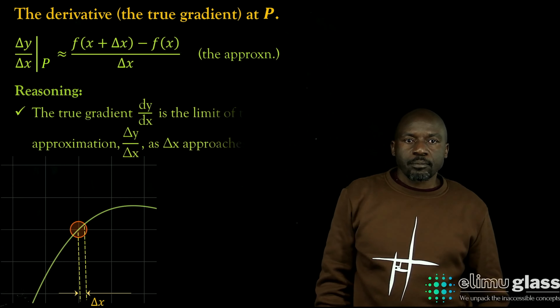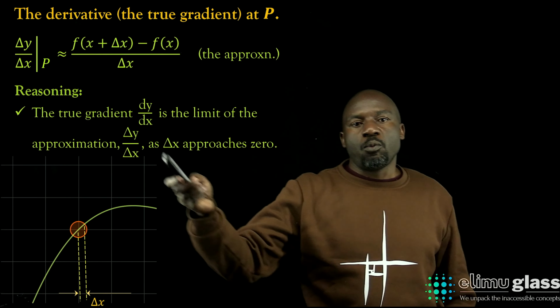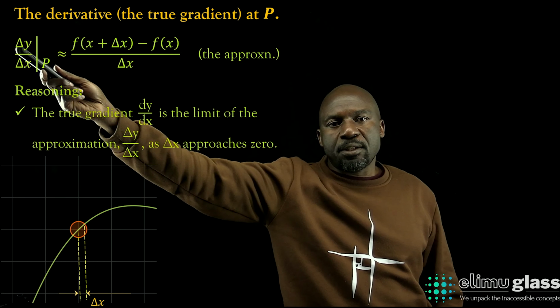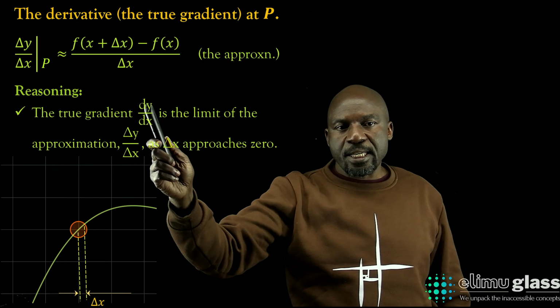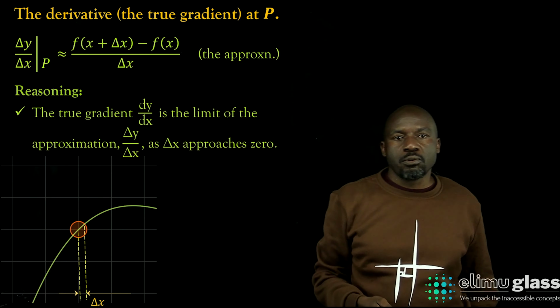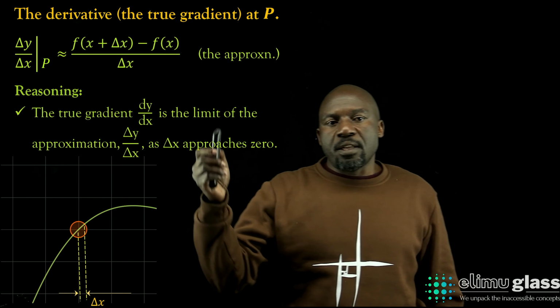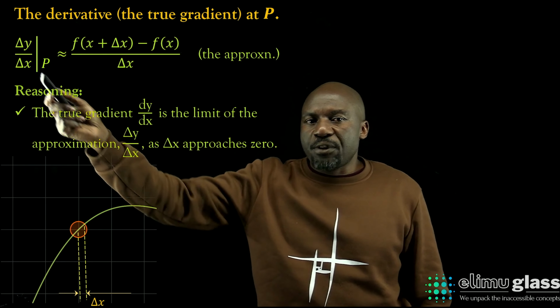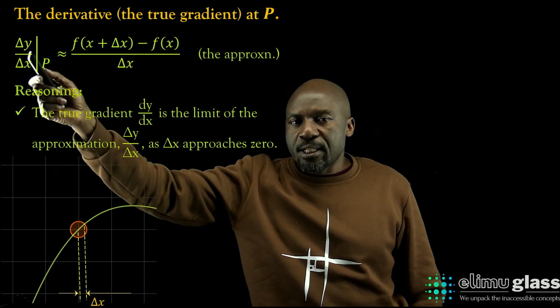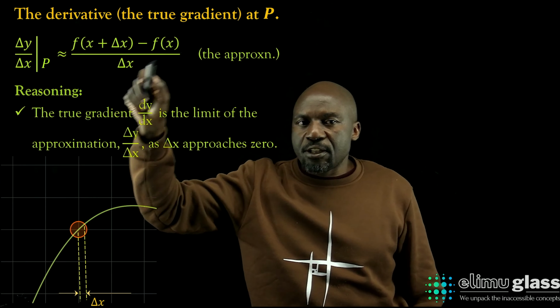All right, the true gradient, which we no longer write like this, we replace those triangles with letter D. That is the true gradient, is the limit. We say that the true gradient is the value of the gradient that we get as delta x tends to 0.